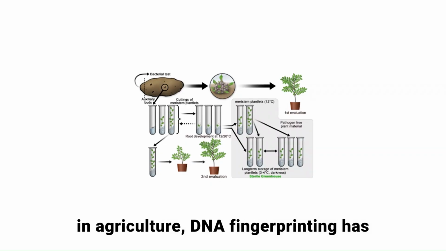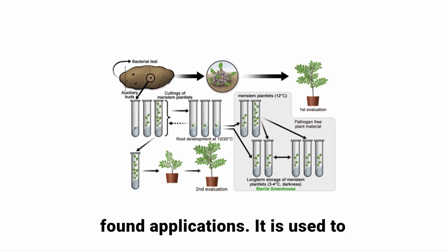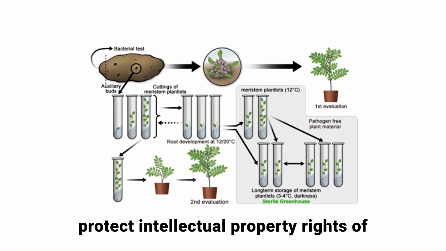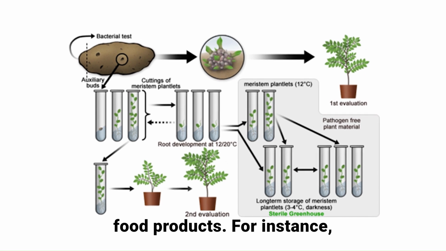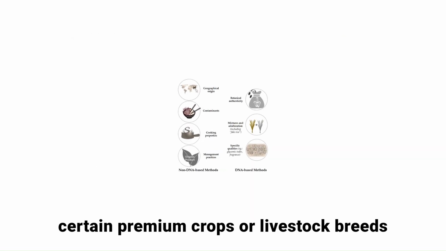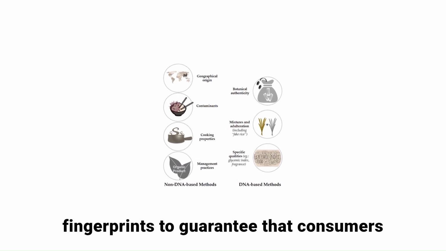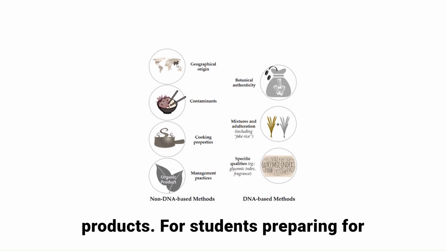Even in agriculture, DNA fingerprinting has found applications. It is used to verify the identity of plant varieties, protect intellectual property rights of breeders, and ensure the authenticity of food products. For instance, certain premium crops or livestock breeds can be certified using their genetic fingerprints to guarantee that consumers are getting genuine, high-quality products.